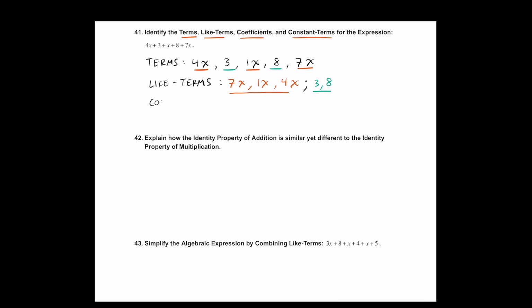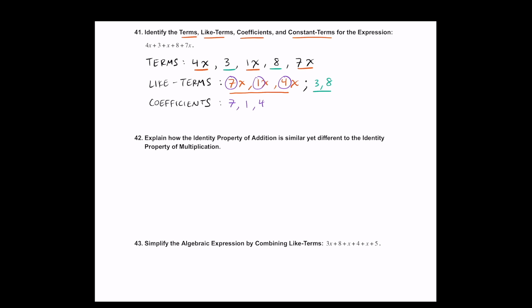Now for the coefficients. Coefficients, C-I-E-N-T-S, I think. Let me spell that right, hopefully. Coefficients are really just these numbers that are being multiplied by the variable. So it's how many of each variable. So 7 is a coefficient, 1 is a coefficient, and 4 is a coefficient. It's just the number of each of those x's.